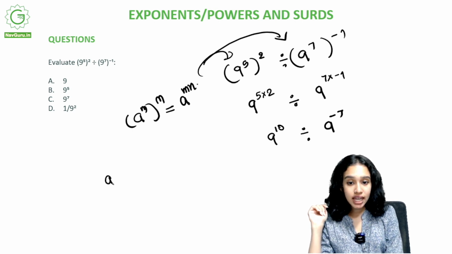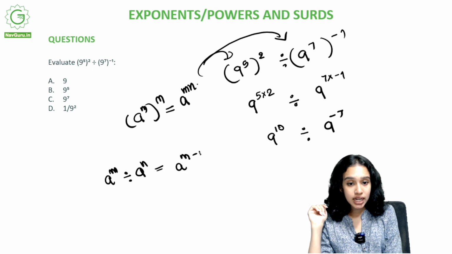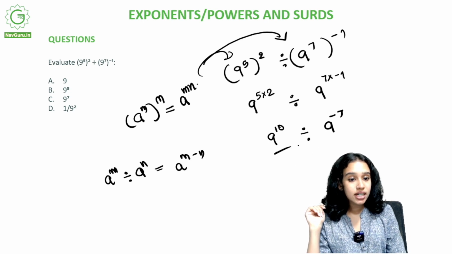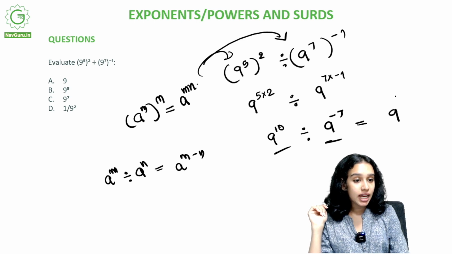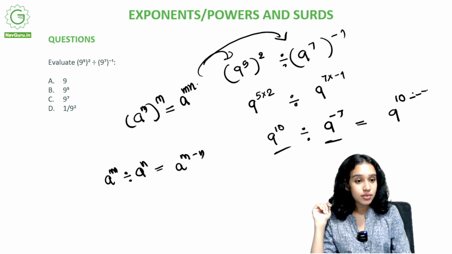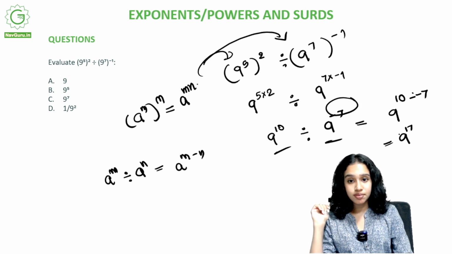So what is a raised to m divided by a raised to n? It's a raised to m minus n. So 9 raised to 10 divided by 9 raised to minus 7 is equal to 9 raised to 10 minus minus 7, because it's negative here, right? So it's 9 raised to 17.